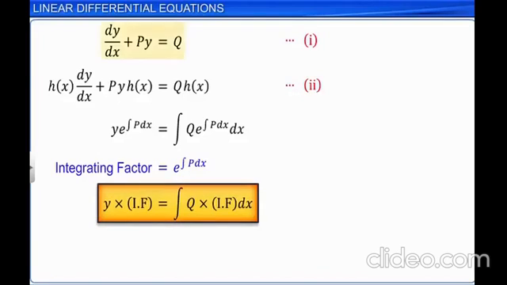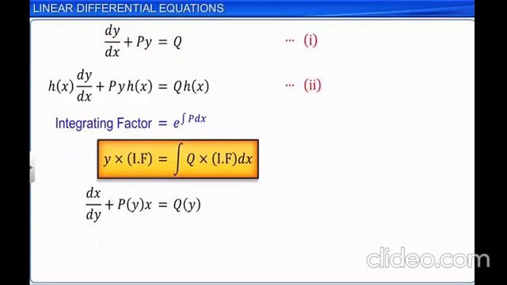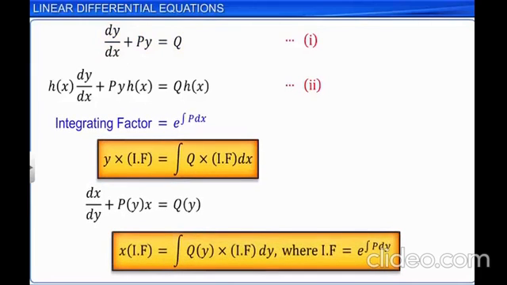If x is replaced by y and y is replaced by x in equation 1, then the linear differential equation obtained is as shown. Its solution is given by x into the integrating factor is equal to integral of q into the integrating factor with respect to y.